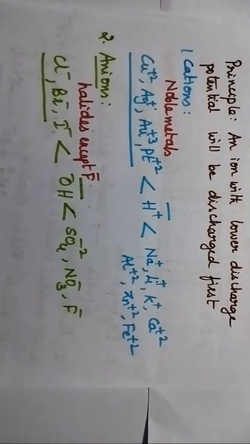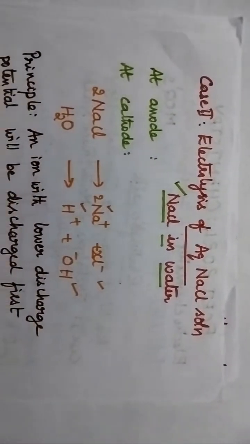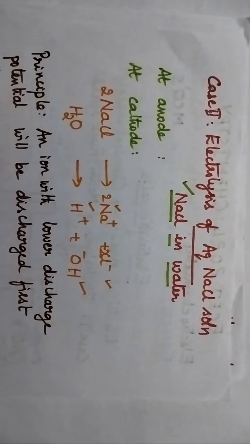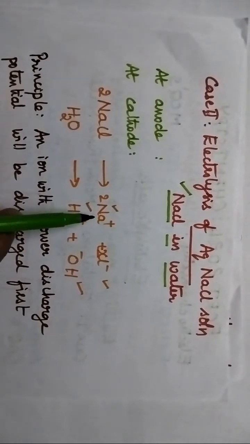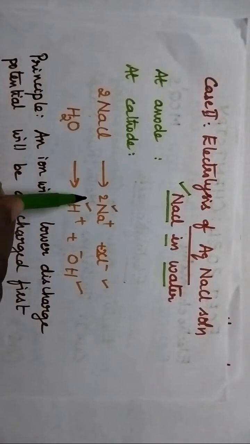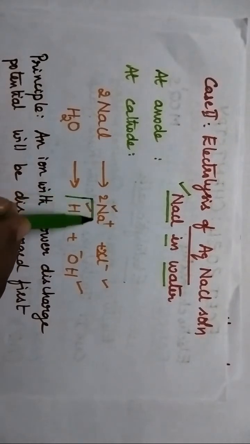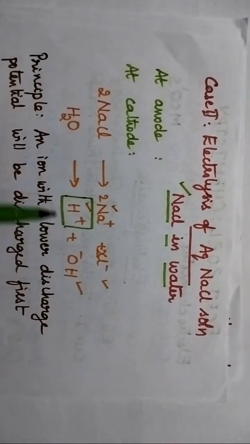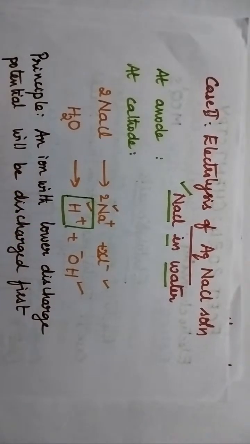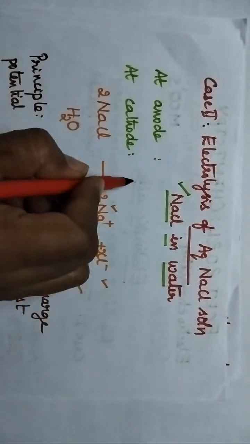Let us apply the same principle to the present case, the electrolysis of aqueous NaCl. We have Na+ and H+ ions. Which ions have lower discharge potential? Between sodium and H+ ions, H+ ions have lower discharge potential, so they will move towards the cathode.